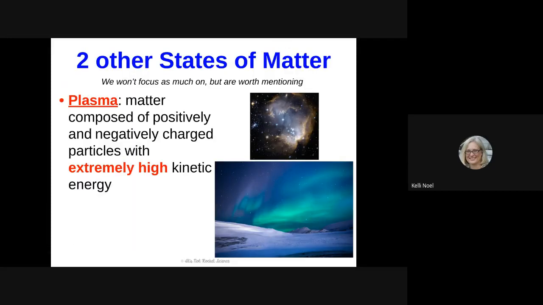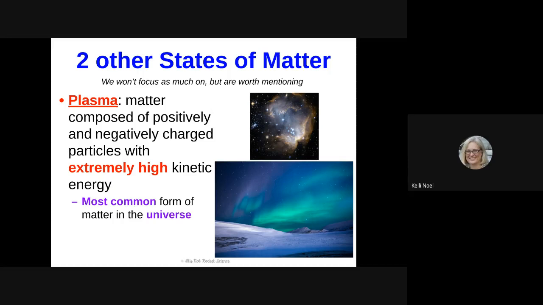But plasma is matter, we're going to find it in the sun. If you've ever seen the aurora borealis, then you would have seen plasma. This is matter that has positive and negatively charged particles, and they have an extremely high kinetic energy. And it's actually the most common form of matter in the universe because think about stars, they are huge.